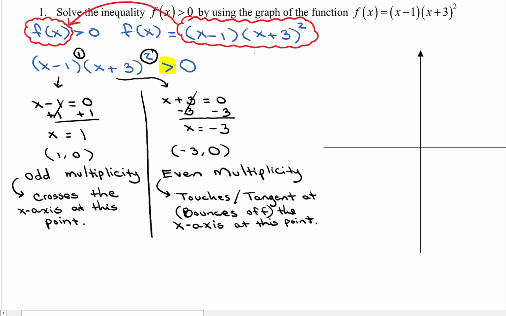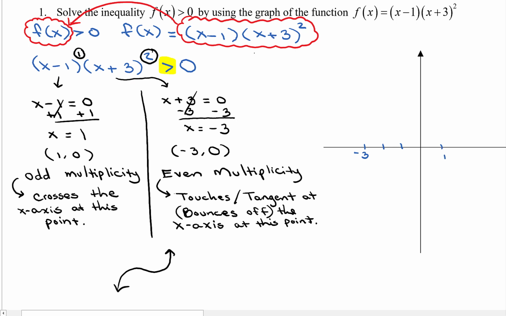So I'm going to say it touches or it's tangent at the x-axis at this point. But if the word bounces off kind of helps you understand what's going on there, then why don't you write that in your notes to help you remember? So I already know it's going to look something like this, my graph. So I'm keeping this picture in my mind this whole time as I'm drawing the sketch.